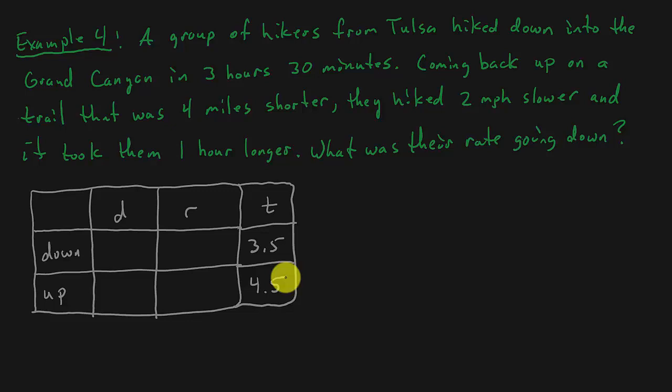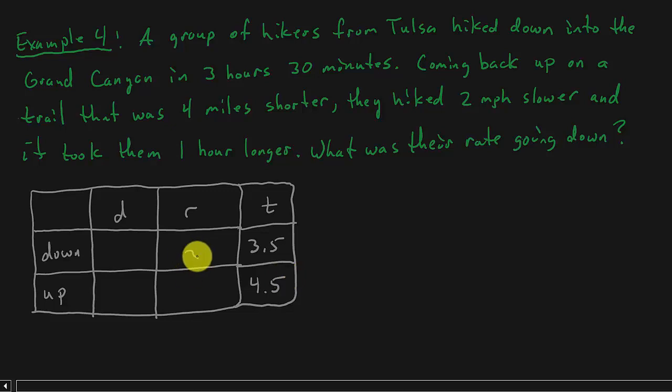So what was the rate going down? We don't know. That was x, right? So if their rate going down was x, what was the rate coming back up?